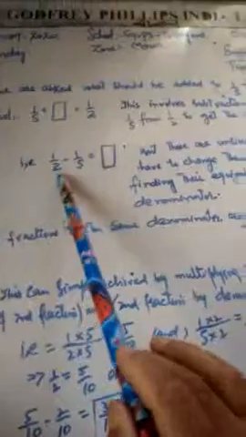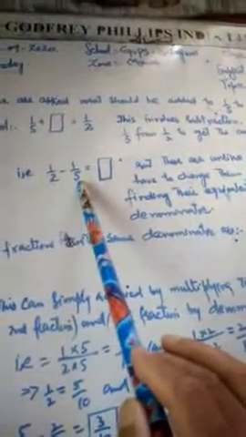There is also a second method to get the like fractions of these unlike fractions. How can we achieve that? We multiply the first fraction with the denominator of the second fraction.